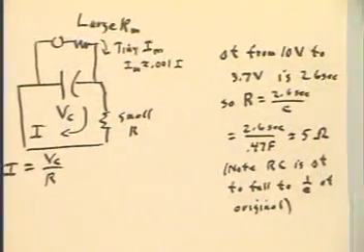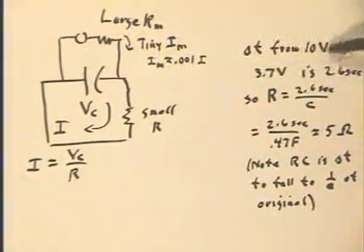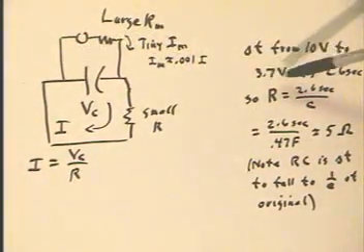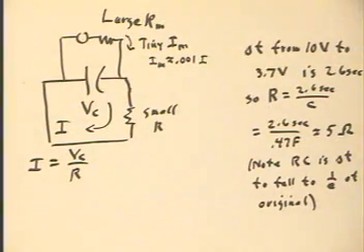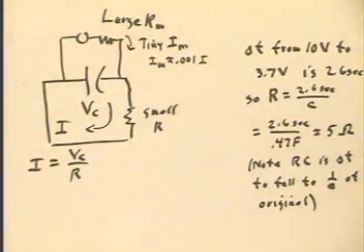The time that we observe to go from 10 volts to 3.7 volts was 2.6 seconds. Now if we go back to the expression for the voltage on a resistor, in this case when we have a capacitor discharging through a resistor, we have the e to the negative t over RC.